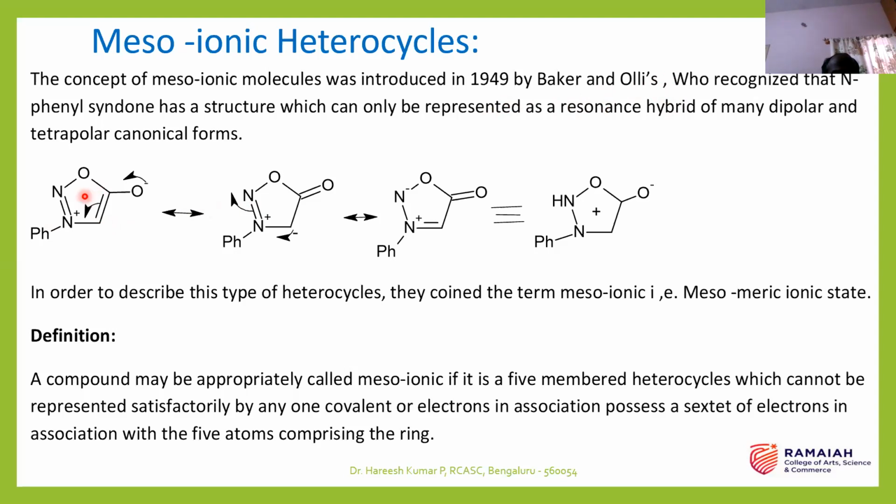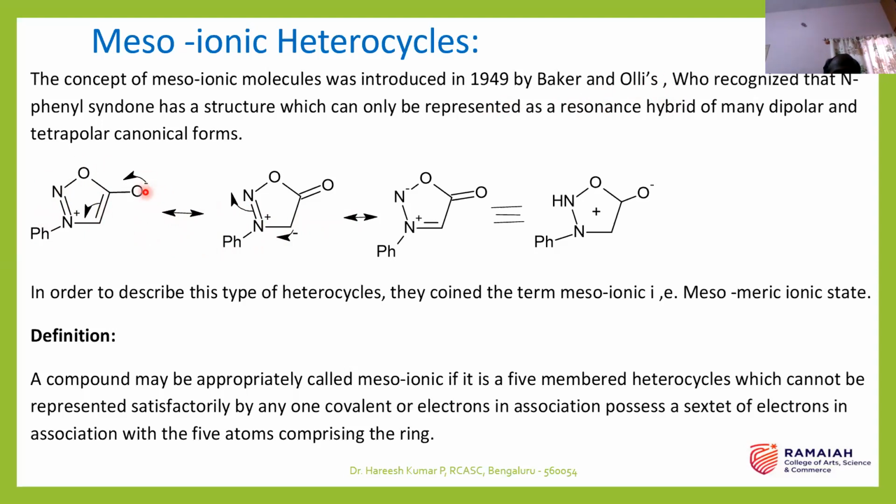It is not possible to write one structure for this phenylsydnone. It is possible to write many canonical or resonance forms, because of the aromatic nature, and you can also find forms different from the aromatic one.